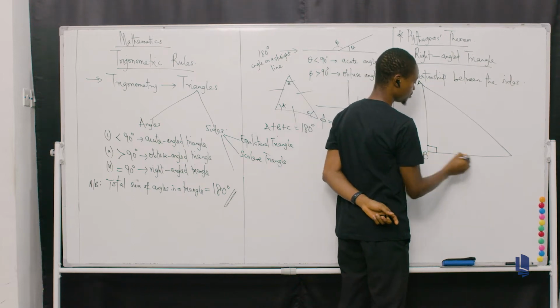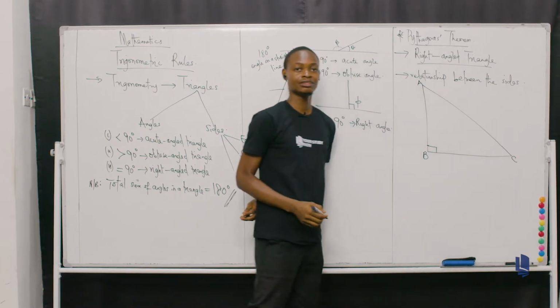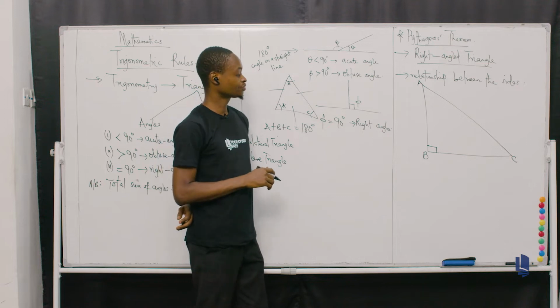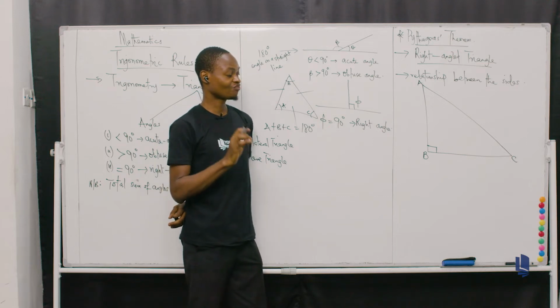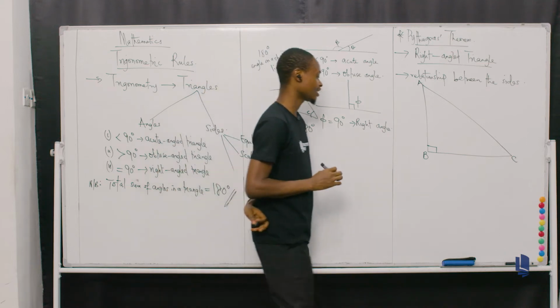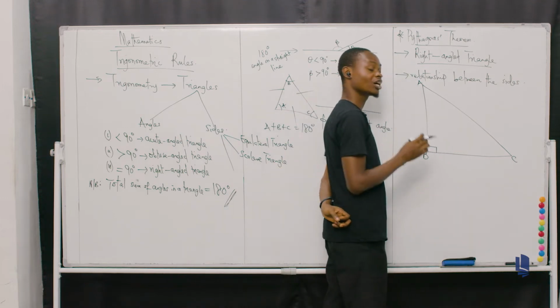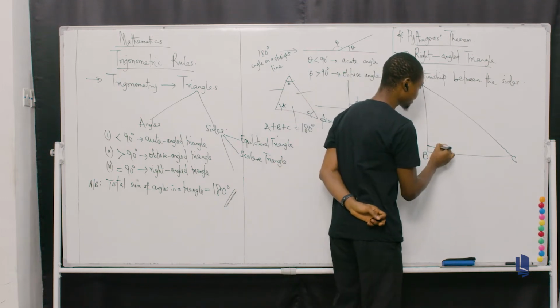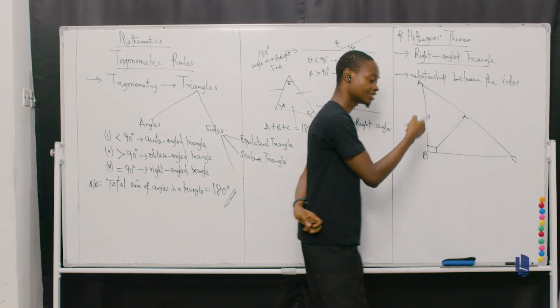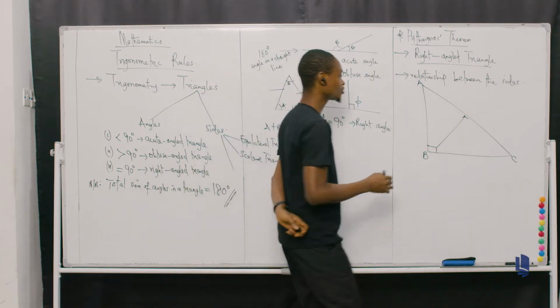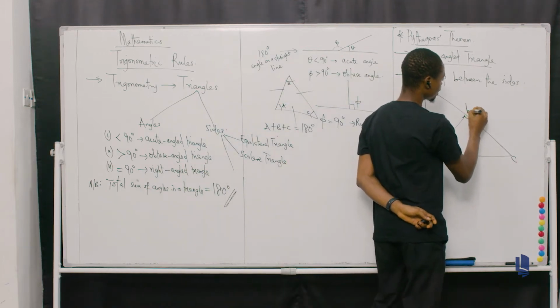A, B, and C. From this triangle, the first most important thing is that for this right angle, the side that is directly opposite that right angle is what we call the hypotenuse.